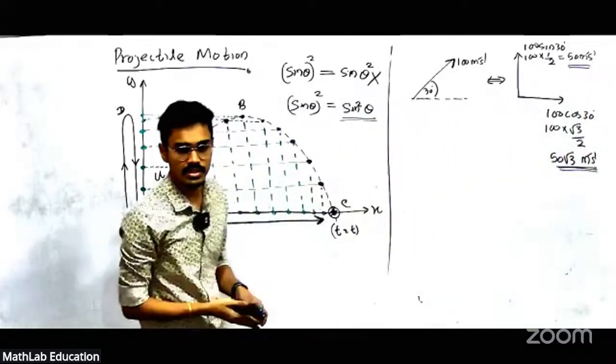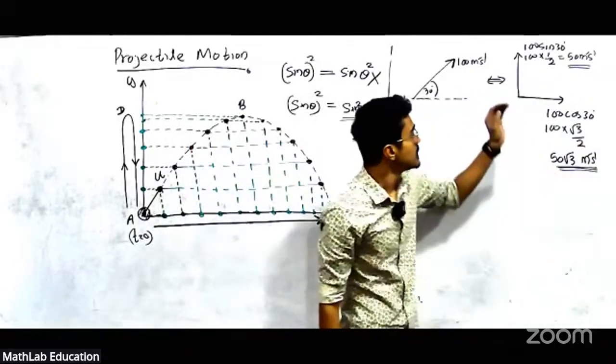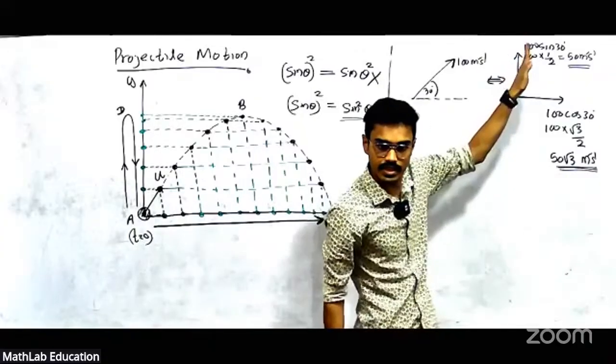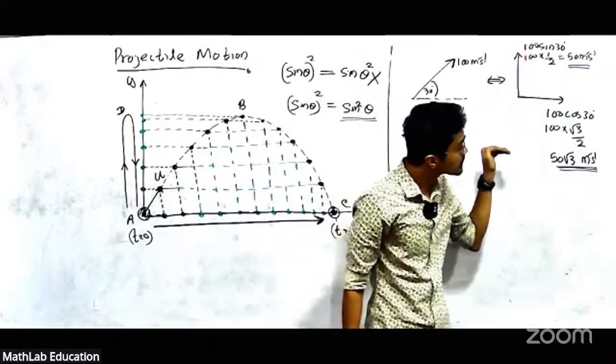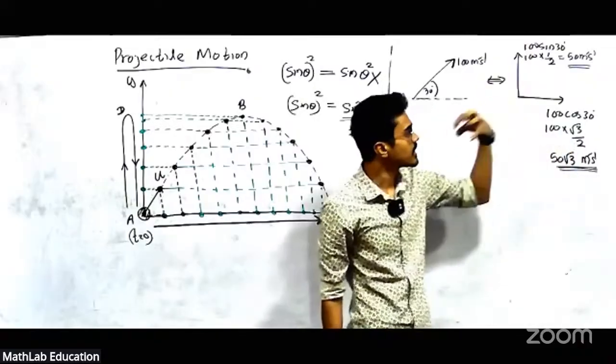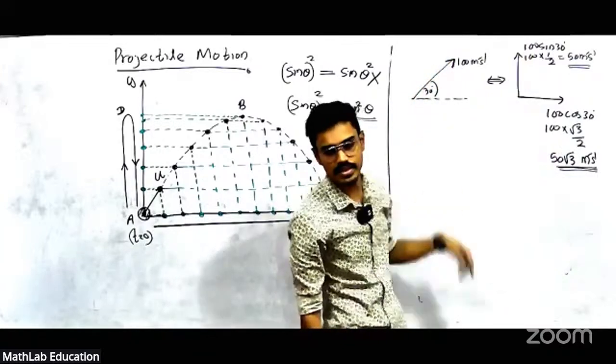In other words, the combination of 50 m/s in the vertical direction and 50 root 3 m/s in the horizontal direction is represented by 100 m/s in this direction.